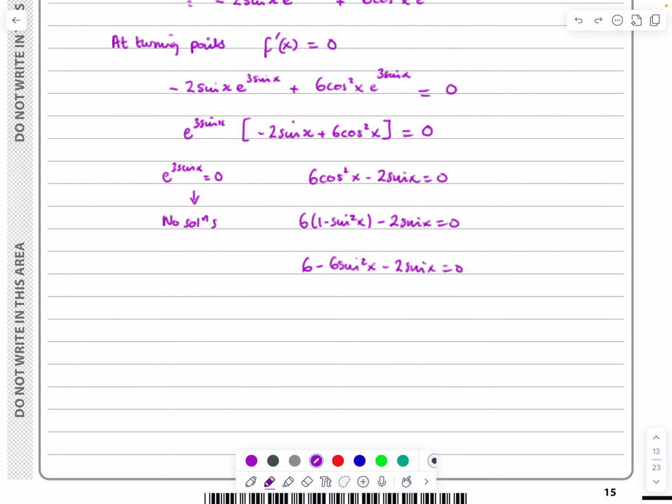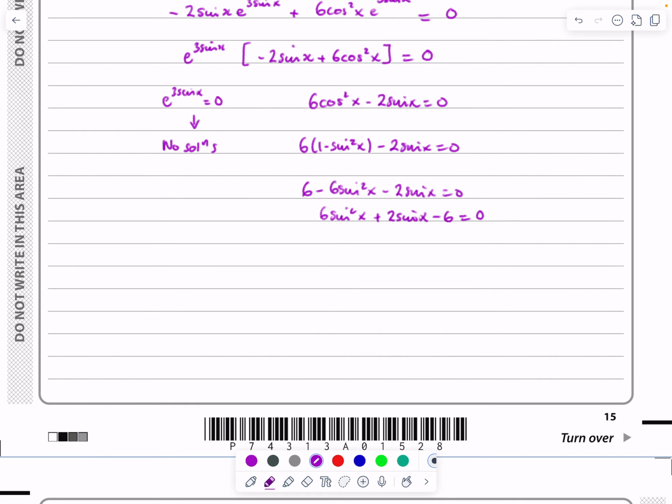So let's do it in 2 steps actually. I'm going to say that's 6 sine squared x plus 2 sine x minus 6 equals 0. So I've taken it all over to the other side, and then I'm going to divide everything by 2 as well. So I'm actually going to end up with this being my equation, 3 sine squared x plus sine x minus 3 equals 0.